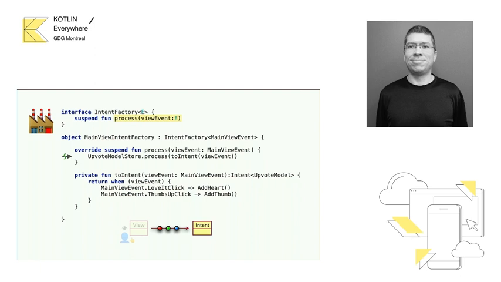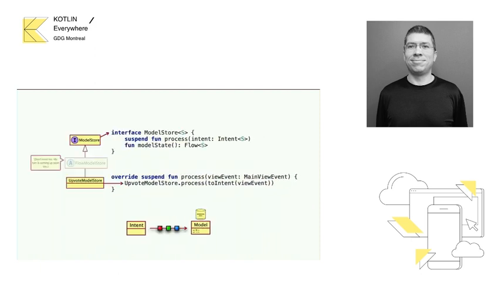The process function is what's going to take the events, call the mapper, get an intent out of that, and pass it along to the next phase, which is where we take those intents and apply them onto our data model. So toIntent is called, we get the value back, we call process, and we move on to the next step.